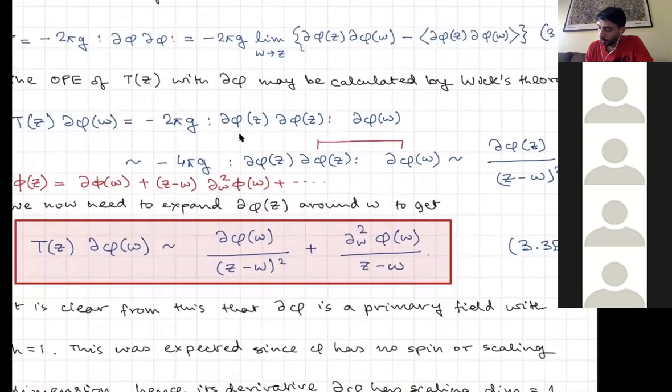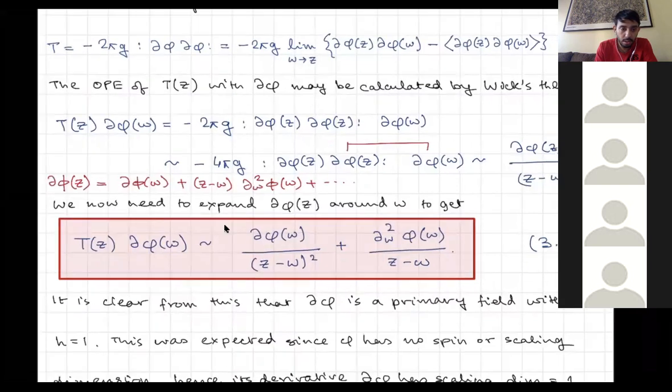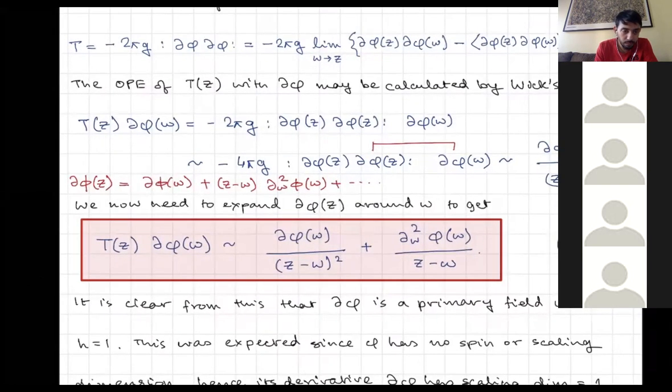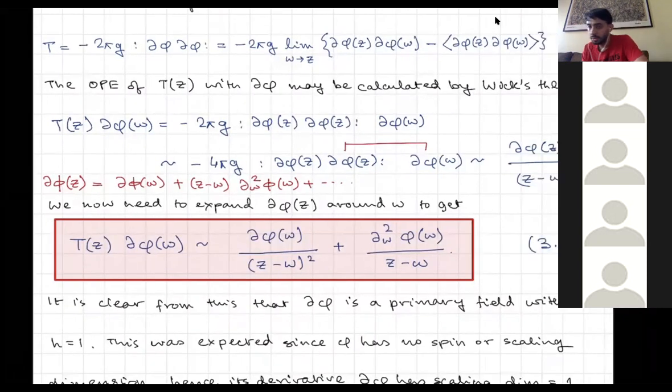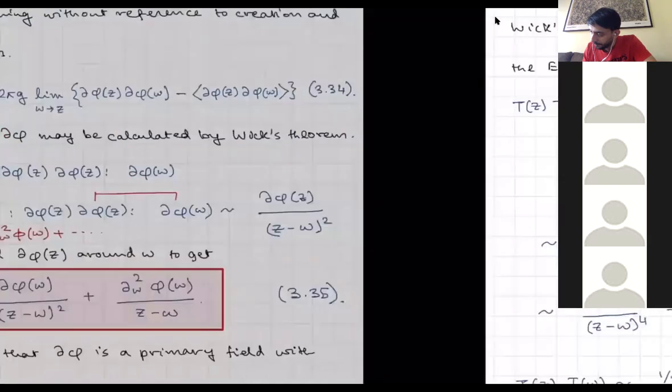All right, so now what we will do is look at the OPE of T with itself. Why has this gone out of the screen? I cannot make this smaller, but anyway, hopefully you can see what's on my screen.